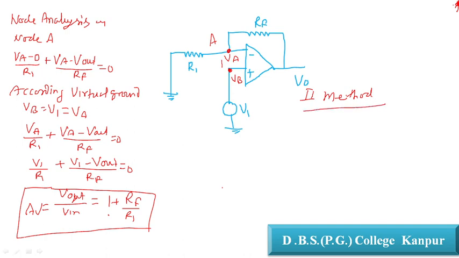The first method we discussed by using the equivalent circuit, and the second method by using node analysis. So we are getting the output voltage or voltage gain, that is 1 plus Rf upon R1. Another thing you should keep in mind is that this is your input voltage.